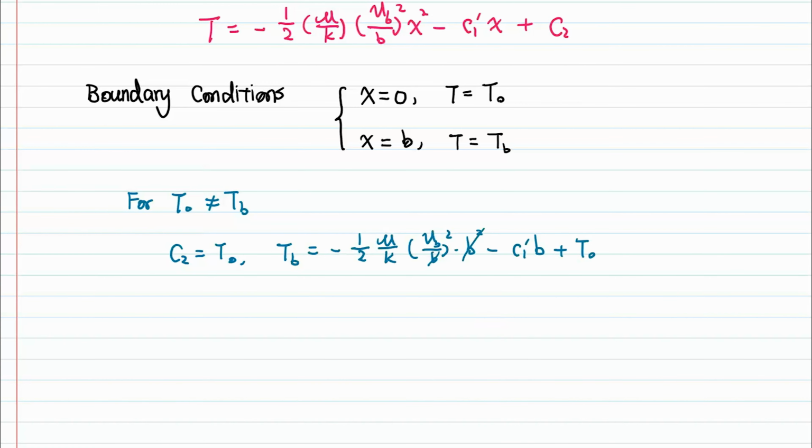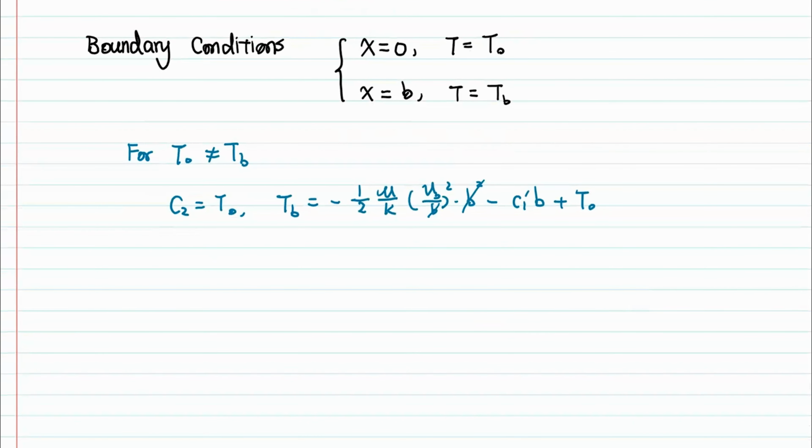So b squared cancels out here, and we get C1 prime equals T naught minus Tb, minus mu over 2k times vb squared, times b to the negative 1.